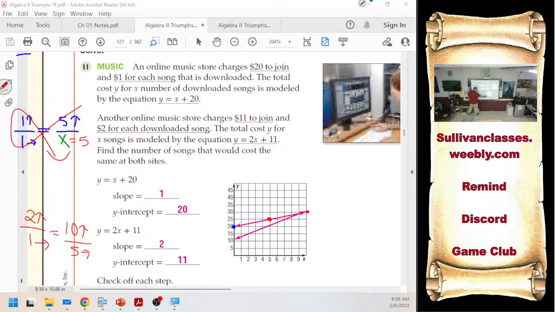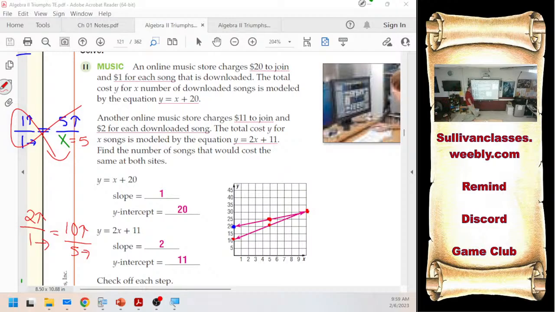So I start at 11 and I'll go up 10, over 5. Up 10 over 5. And then connect those dots. So sometimes you gotta adjust your slope to make this happen.